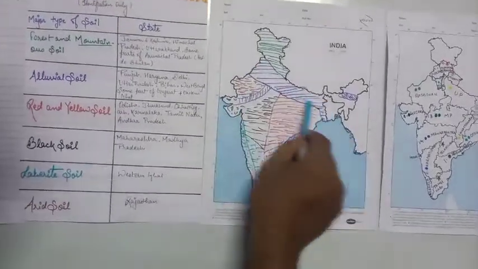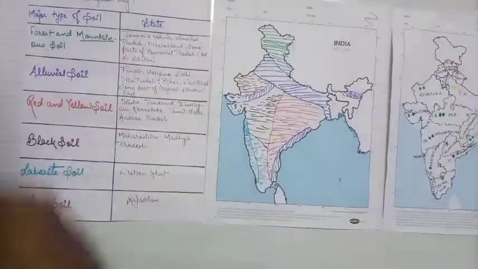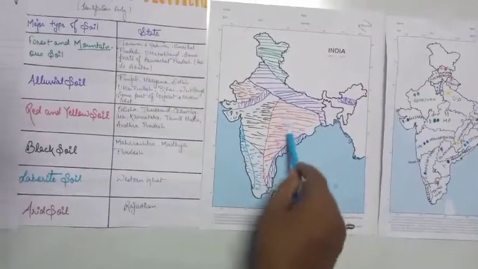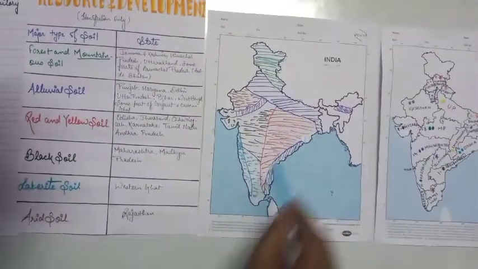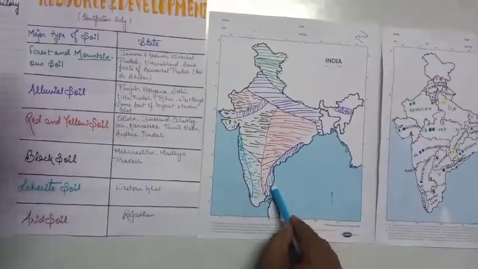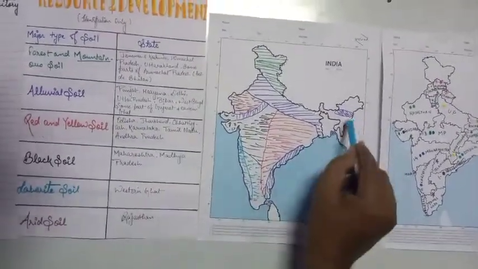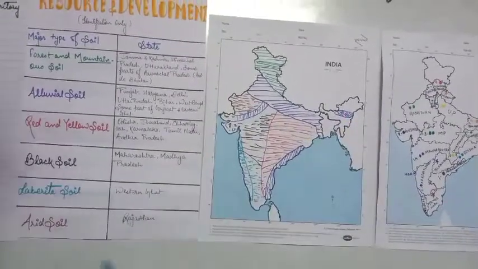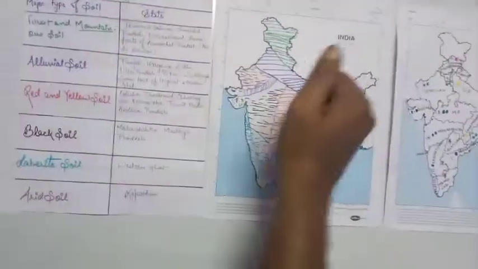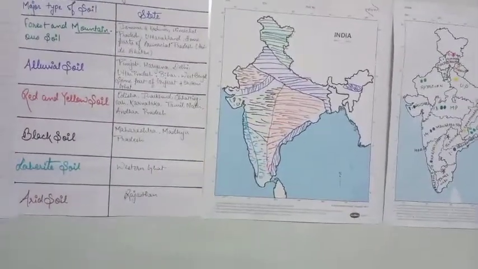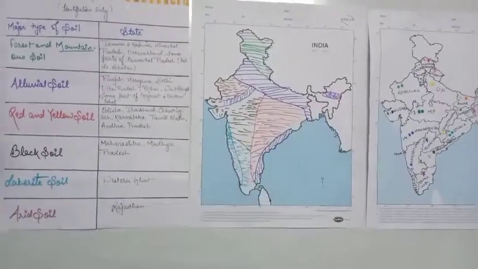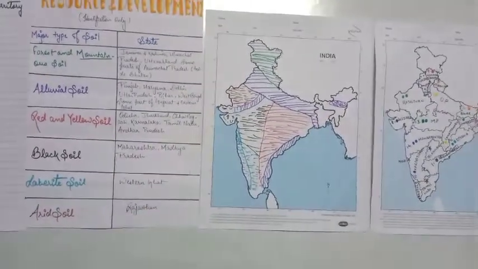This soil area is considered as alluvial soil. This area is considered as, that is the red and yellow soil. This eastern ghat is known as alluvial soil. This is the area of what? That is the Punjab. Sorry, that is the area of Assam, and here the Brahmaputra river is present. So that's why it contains the alluvial soil.